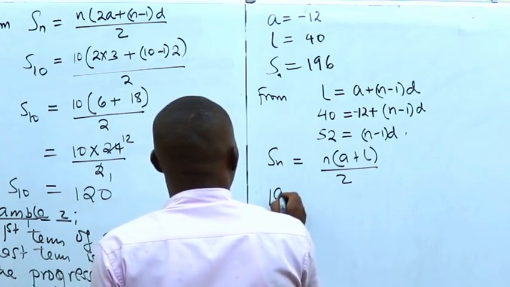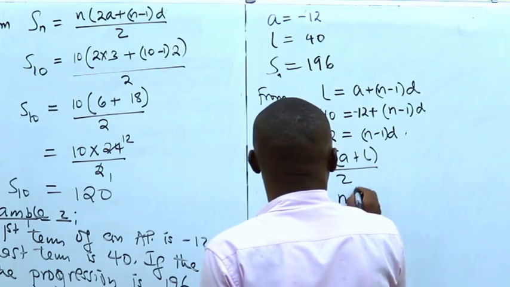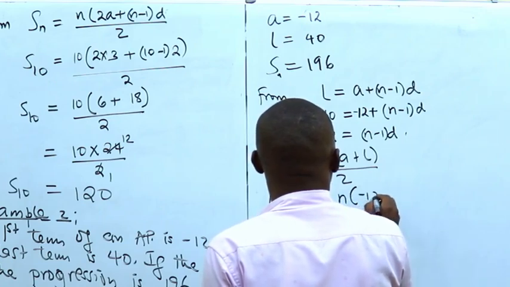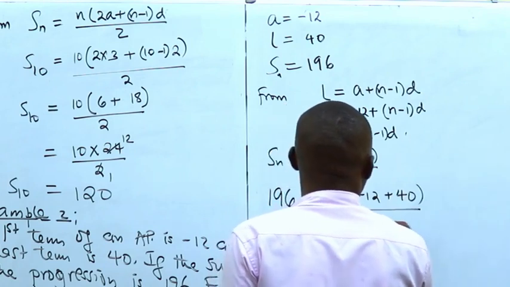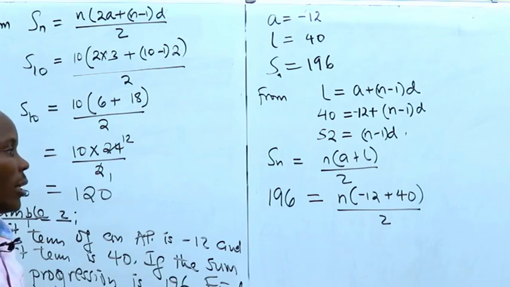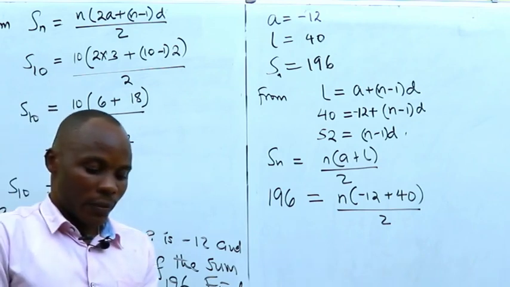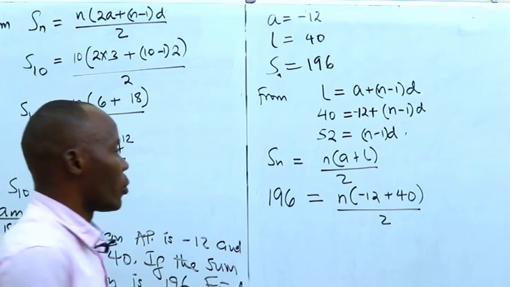Our sum is 196, which is equal to n into (negative 12 plus 40), everything over 2. From there we can get the value of n. Negative 12 plus 40 gives us 28.